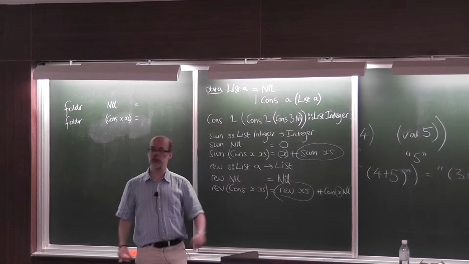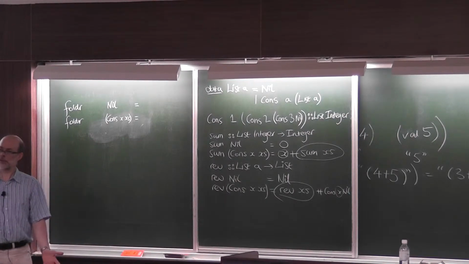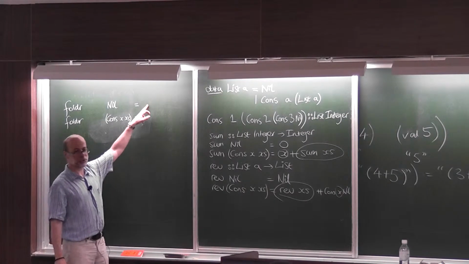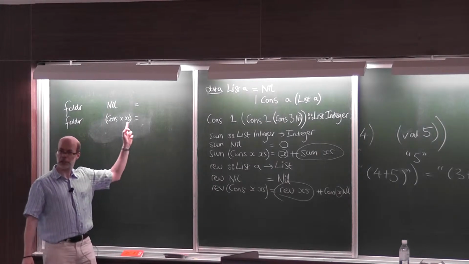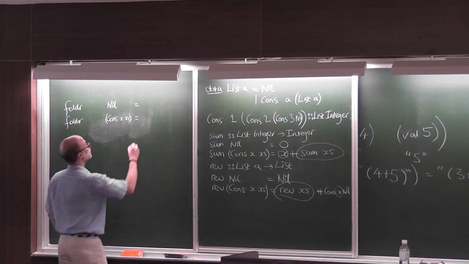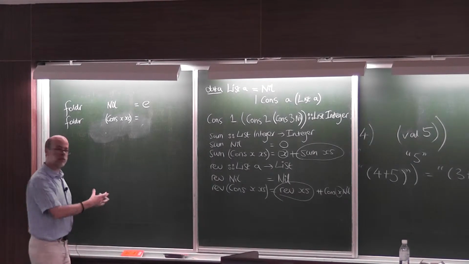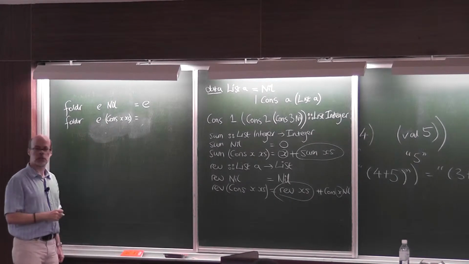It's a different constant for different functions. I can't just plug in some arbitrary constant like 0 here because that wouldn't work for reverse, and I can't plug in nil here because that wouldn't work for sum. So I'm going to get back some constant. That's a varying part, so it better be given as a parameter to my function.